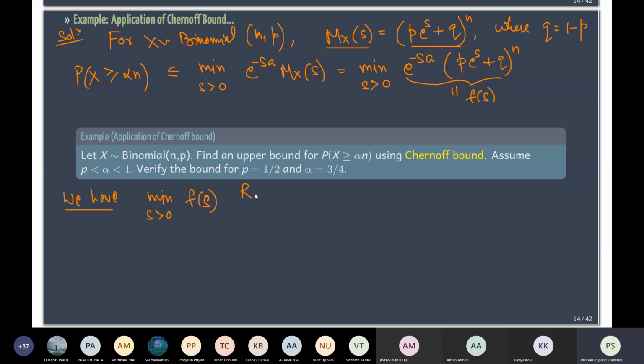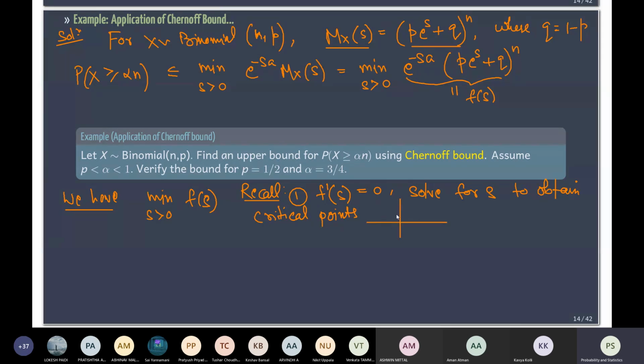Recall from calculus that the minima is found by first taking the derivative with respect to s, equating it to 0, and solving for s to obtain the critical points.